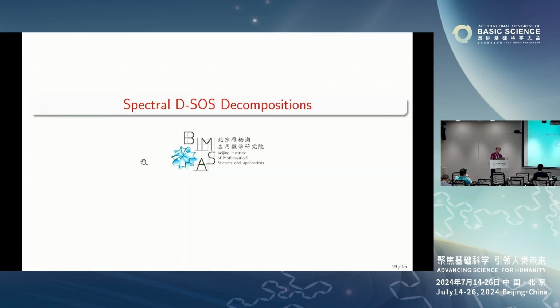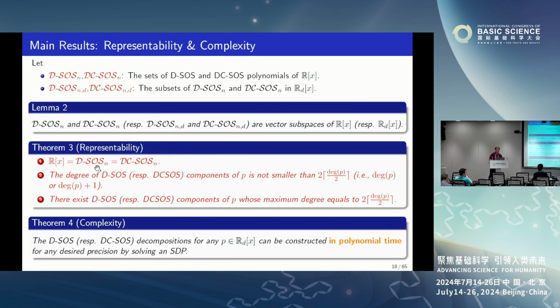Any polynomial can be written as a difference of convex sums of squares, so the two sets are equivalent. This establishes the representability of D-SOS and DC-SOS. Further, we also show that the degree of each component, because we have square components, is not smaller than the degree of P. If P has even degree, it is exactly the same degree.